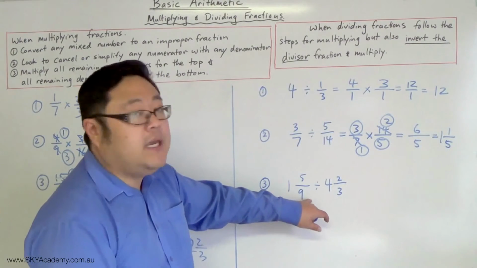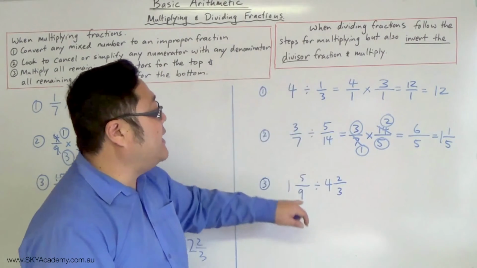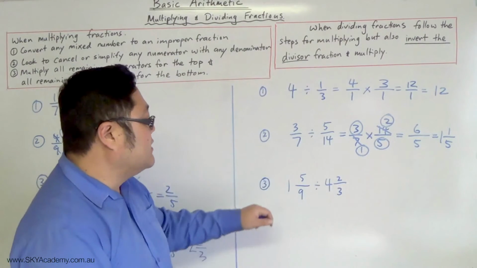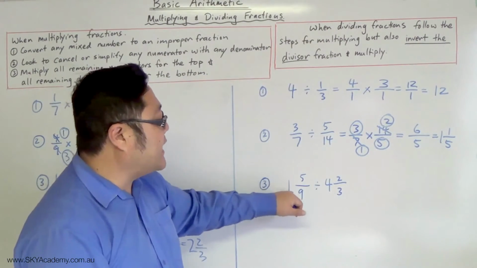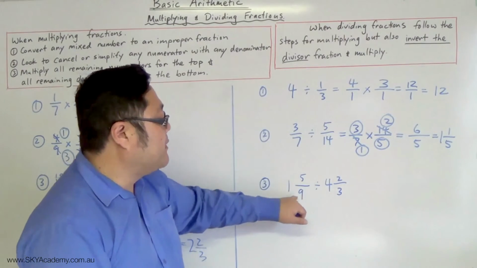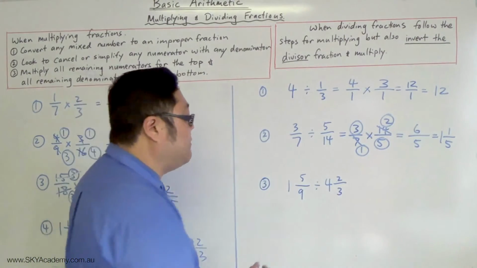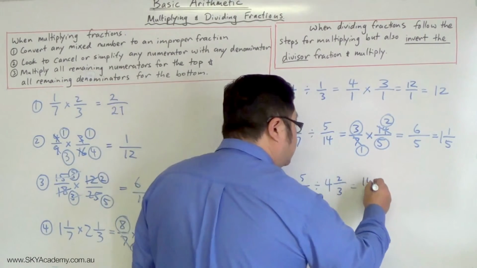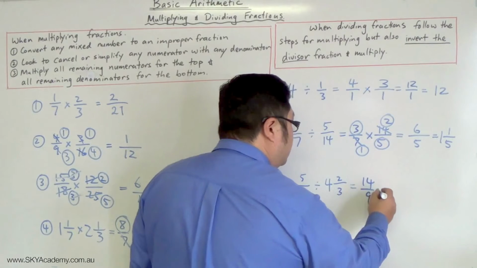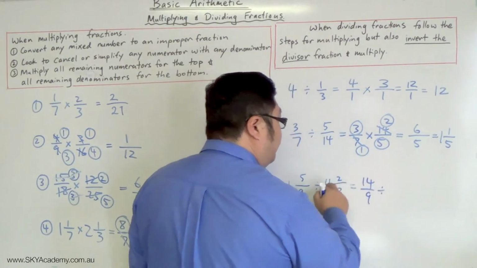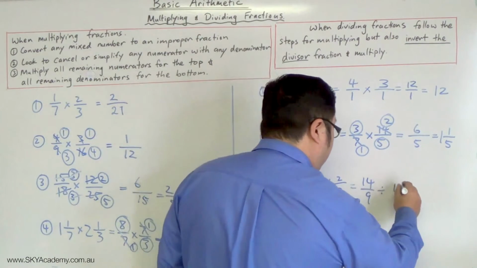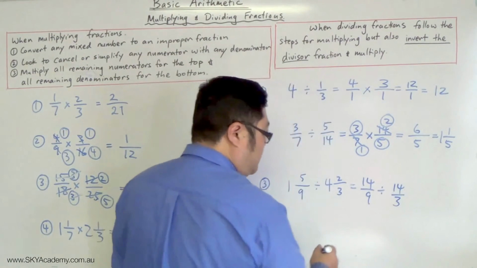With this question here, it would be exactly the same as multiplying, except flipping the second fraction. So what we need to do is take any mixed number and convert them to an improper fraction. 1 and 5/9 becomes 14 over 9, divided by 4 and 2/3, which ends up being 14 over 3.